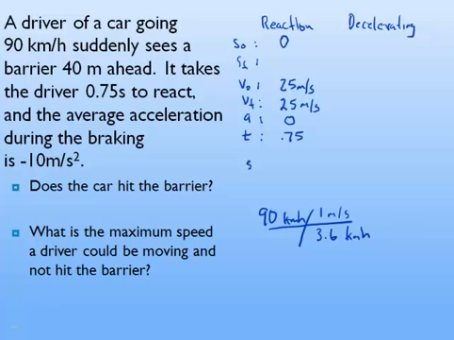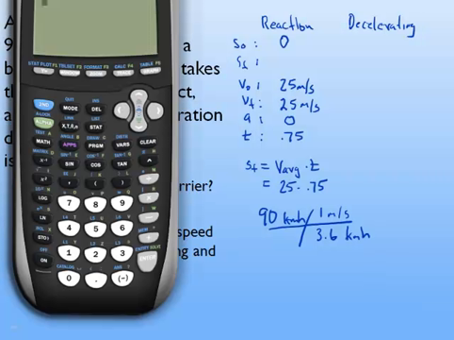So final position is the average velocity times time, which is 25 times 0.75. And a quick calculation of that gives us 18.75 meters.